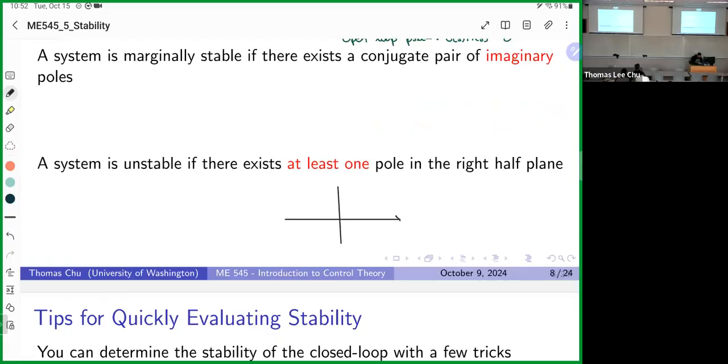So if I have an imaginary axis, I have the complex plane here, real axis, and this is my pole zero map. I would think of this whole range here as stable. And then I'm going to draw like a hard border here, where maybe this is like some tiny border that is infinitesimally small. Stable and also bounded input, bounded output stable.